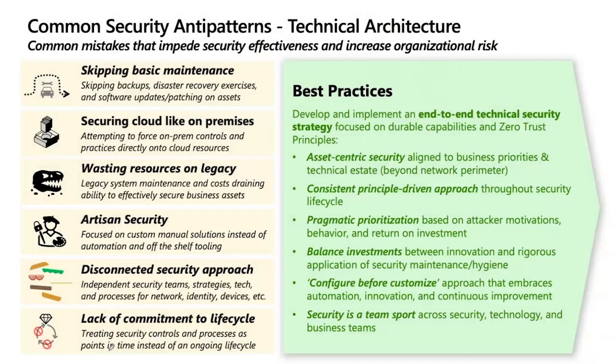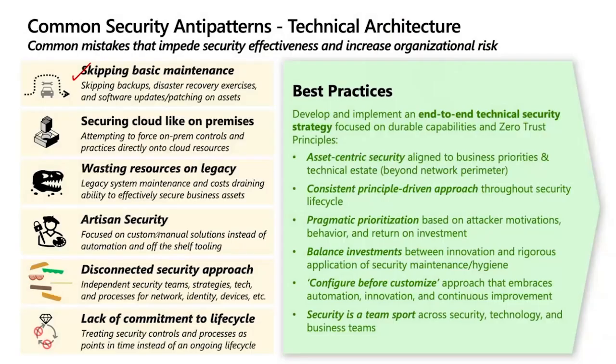Some common mistakes we see under anti-patterns are skipping basic maintenance, or securing the cloud like on-premises. If you are assuming that we can secure the cloud like on-prem, that is a false assumption. Also wasting resources on legacy systems, legacy components and applications.